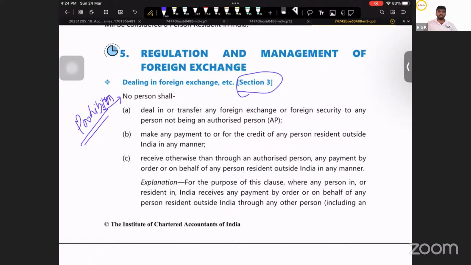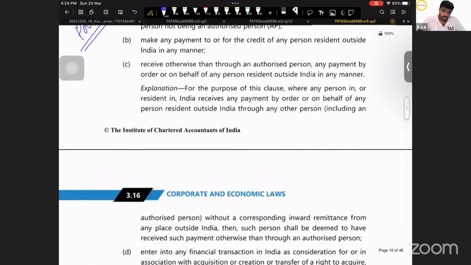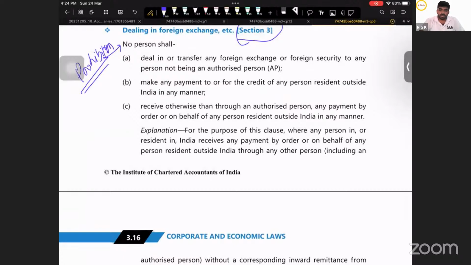Second one, no person shall make any payment to or for the credit of any person resident outside India in any manner. ಇಂಡಿಯಾದ ಹೊರಗೆ ರೆಸಿಡೆಂಟ್ ಆಗಿರುವ ಪರ್ಸನಿಗೆ ಇಂಡಿಯಾದಿಂದ ಯಾವುದೇ ರೀತಿಯ ಪೇಮೆಂಟ್ ಮಾಡ್ಲಿಕ್ಕಿಲ್ಲ. ಅಂದ್ರೆ ಅವನಿಗೆ ಬೆನಿಫಿಟ್ ಆಗುವ ಹಾಗೆ ಅವನ ಕ್ರೆಡಿಟಿಗೆ ಯಾವುದೇ ಪೇಮೆಂಟ್ಸ್ ಗಳನ್ನು ಇಂಡಿಯಾದಲ್ಲಿ ಮಾಡ್ಲಿಕ್ಕಿಲ್ಲ.